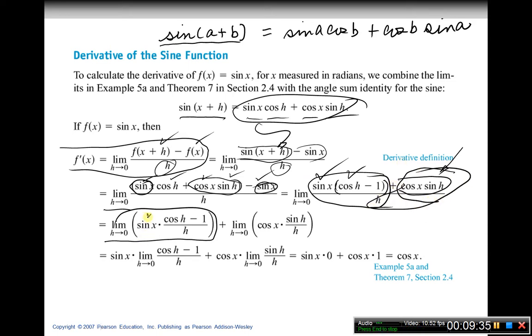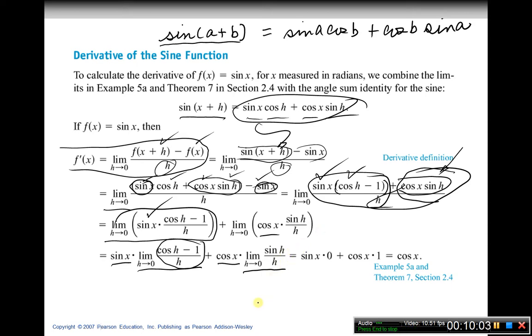Notice that sine of x does not contain an h, so we can factor sine of x out and have the limit as h approaches 0 of cosine of h minus 1 divided by h. Cosine of x has no h in it, so we factor that out and have the limit as h approaches 0 of sine of h over h.